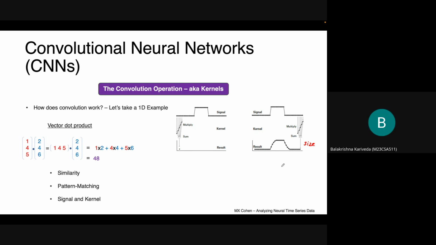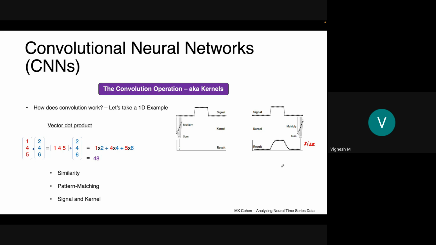The result is much wider than the signal. Wider? I think it's almost the same. So the number of points in the result is the same as that of the signal? There are more points.